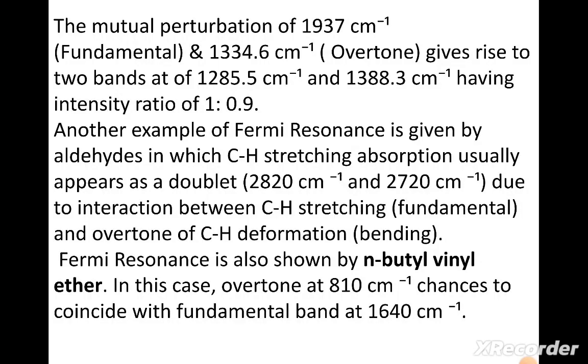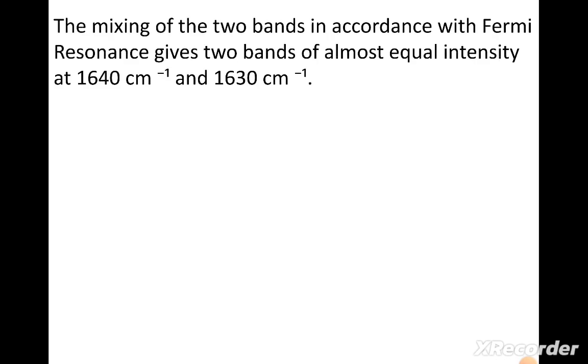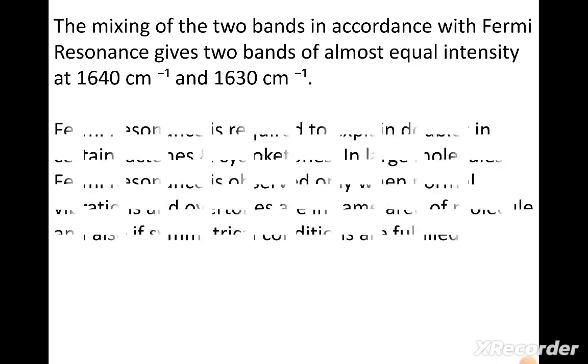In this case, the overtone at 810 centimeter inverse happens to coincide with the fundamental band at 1640 centimeter inverse. The mixing of the two bands in accordance with Fermi resonance gives two bands of almost equal intensity at 1640 centimeter inverse and 1630 centimeter inverse.